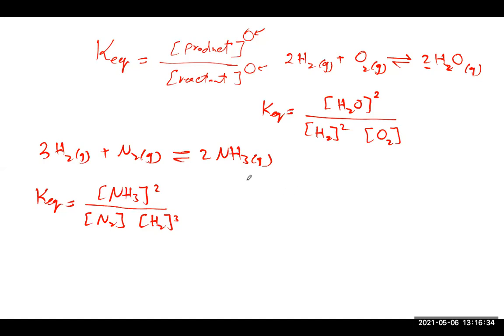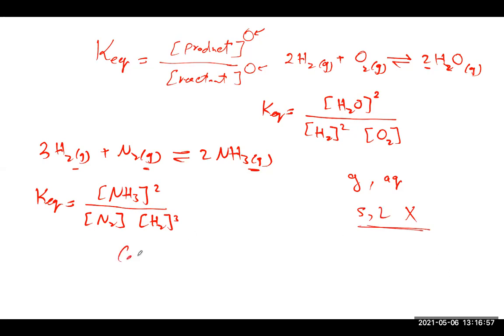And here, we see the phases or states of the reactant and the product are all gases. It's very important to check the state of the reactant and the product, because we are not going to write every state in the equilibrium constant. We can write only gases and aqueous, but solid and liquid will not be written in the equilibrium constant.